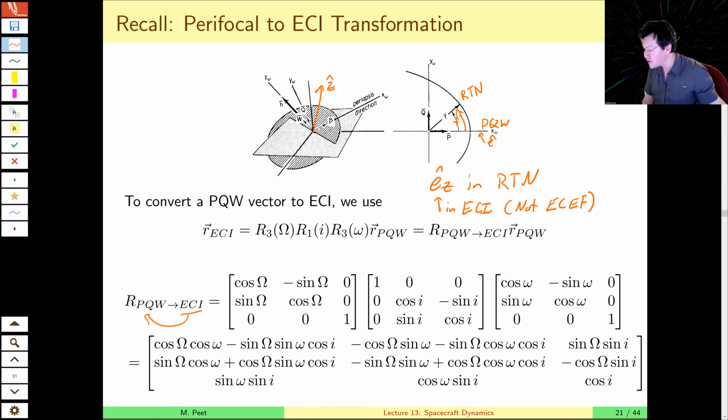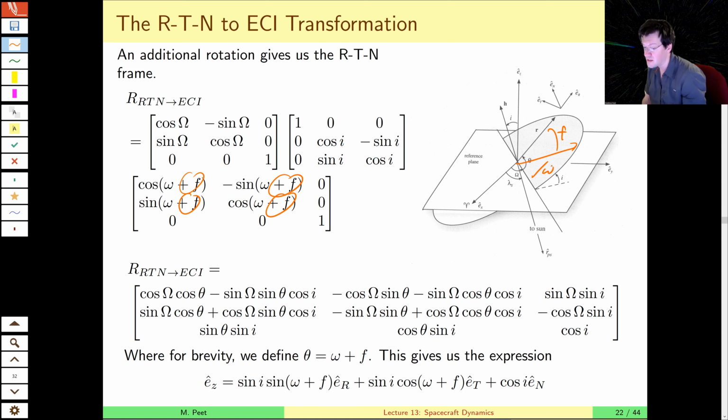So actually, that'll just get added here to this omega. So again, instead of RPQW to RTN, we just add the plus F there, right? Because that's from perifocus to our satellite.